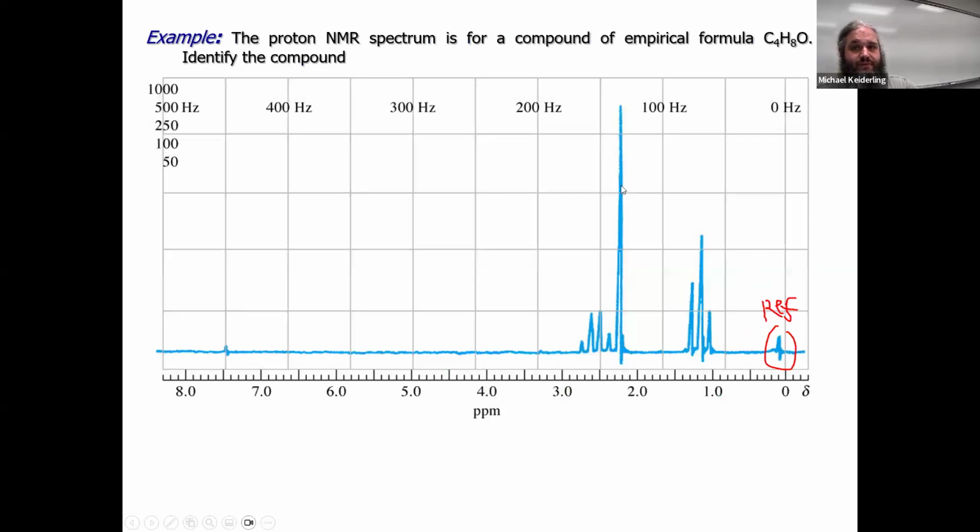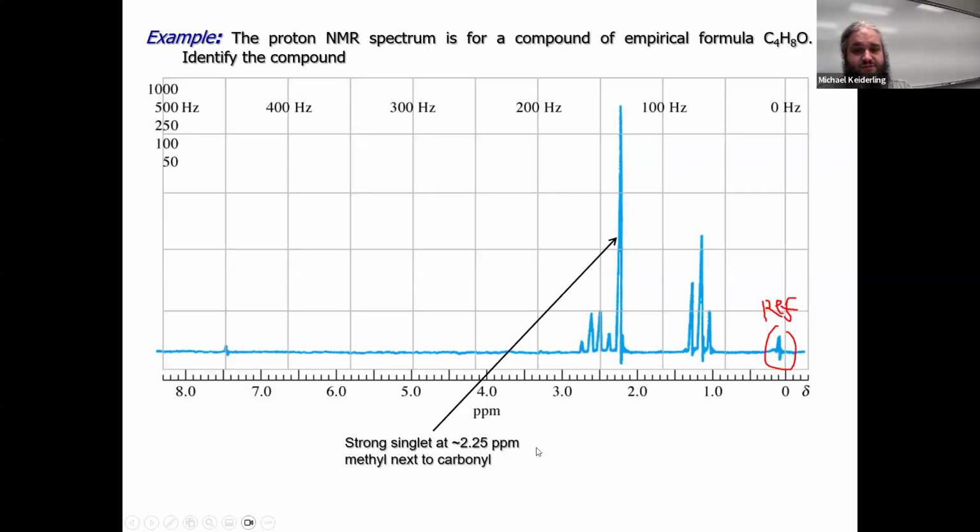So this is a compound with empirical formula C4H8O, and we want to identify the compound. This here is our reference, so we don't need to worry about it. We have a strong singlet at about 2.25 parts per million.